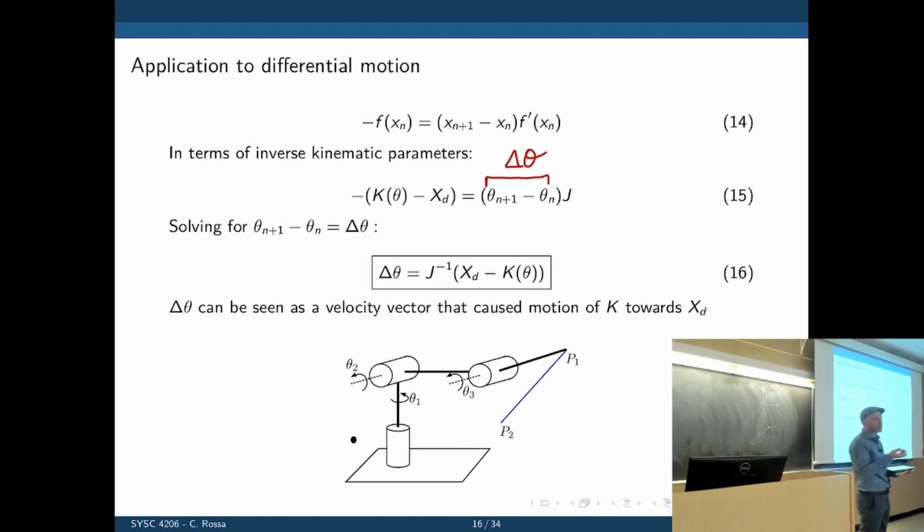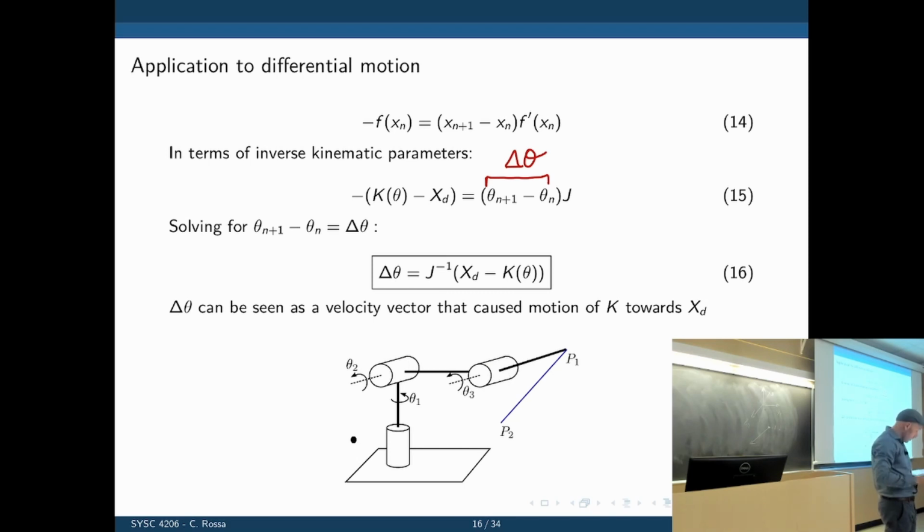It's a discretized version of the speed of the angles, a small variation in them. So if you solve for it, that's what we get: delta theta equals the inverse of the Jacobian, because I moved it over here, times the error, the desired minus the actual position.